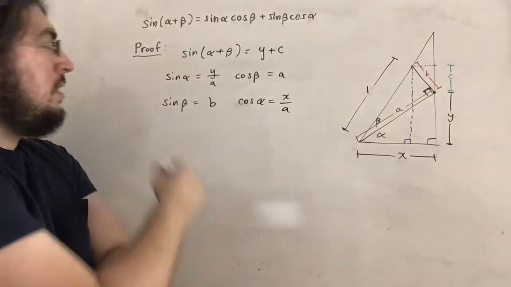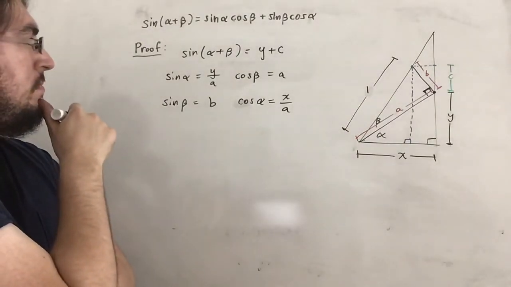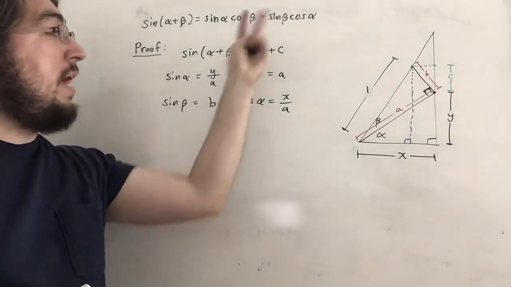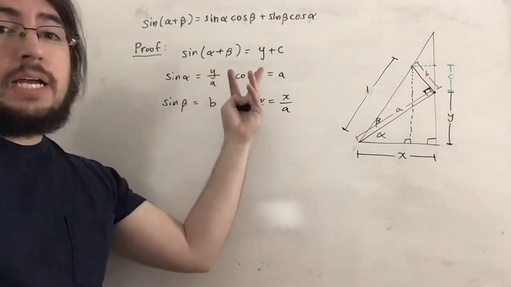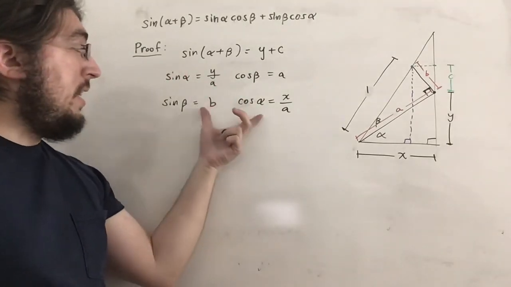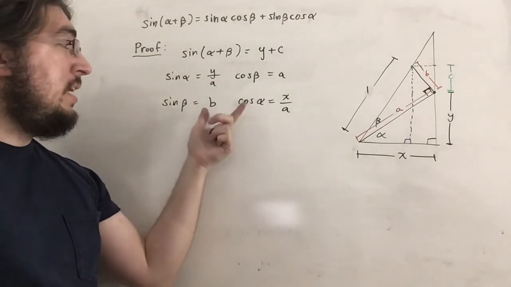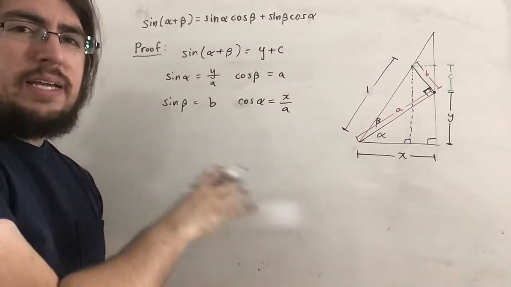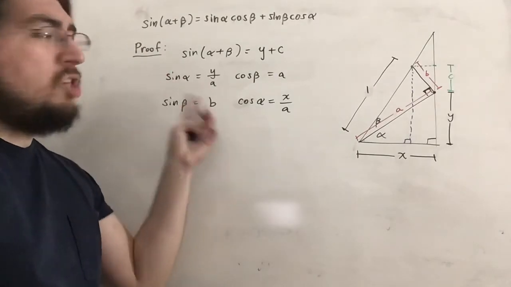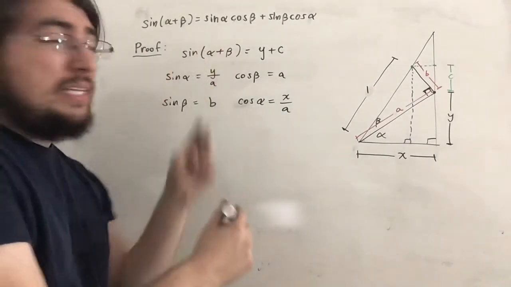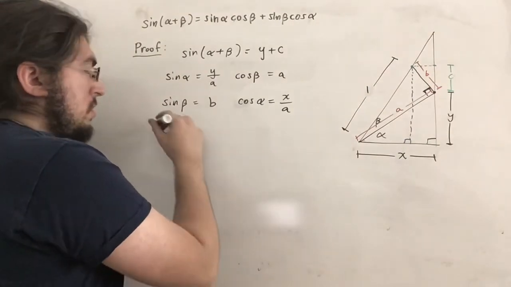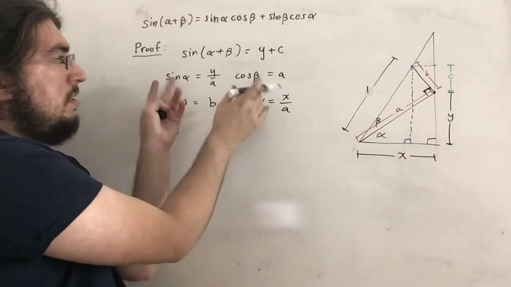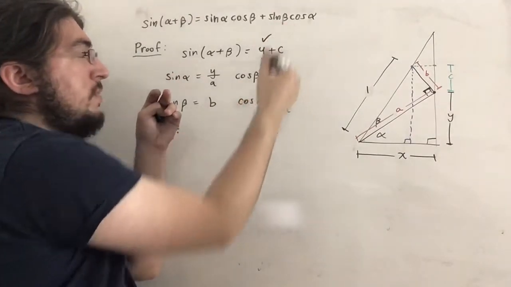Great. So now, let's see. If you multiply these together in this way, we'll get y over a times a, which is just y, and then this times this is b times x over a. So what this kind of shows, if we try to piece it together, let me just write WTS for 'want to show', that these two multiply to y, so that term is good.